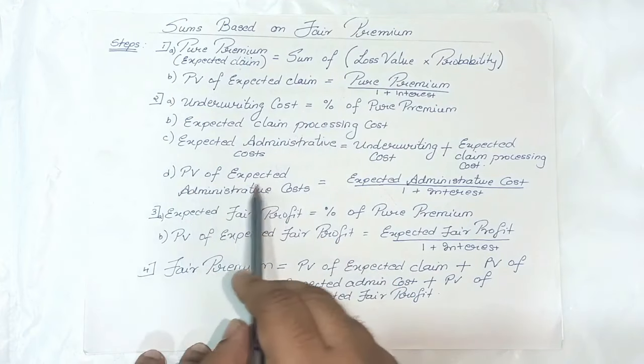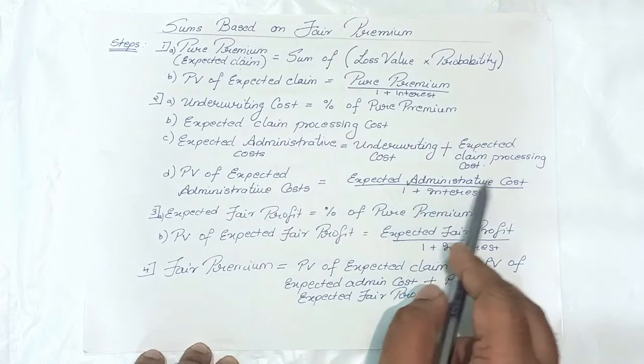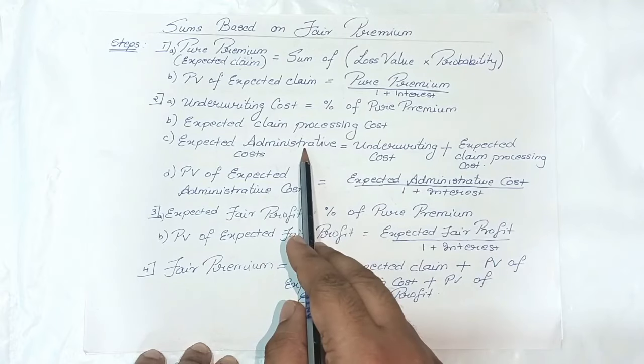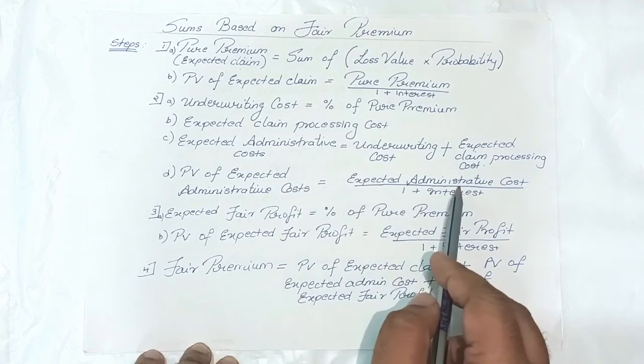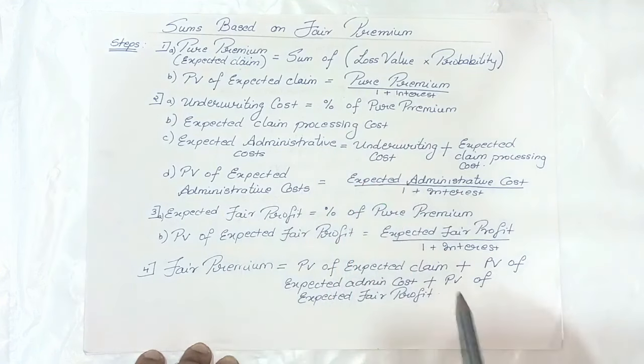And finally, PV of expected administrative cost is equal to expected administrative cost, that is from step C, divided by 1 plus interest. Whatever is 1 plus interest here, the same thing comes here. That will be the second value, PV of expected admin cost. Third, we need to find the PV of expected fair profit.